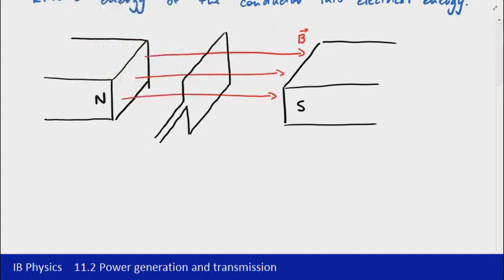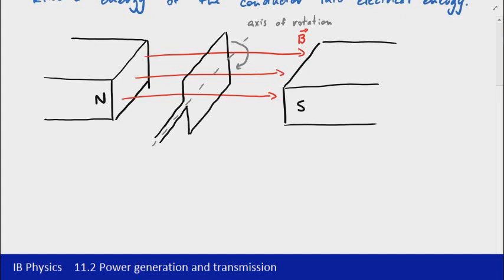One other thing to mention: through the middle of that loop, we're going to have an axis of rotation. So keep in mind that this loop is going to be moving through that magnetic field, but it's going to be rotating, not just moving up or down, left or right. The rotation will be in that direction, a clockwise direction.